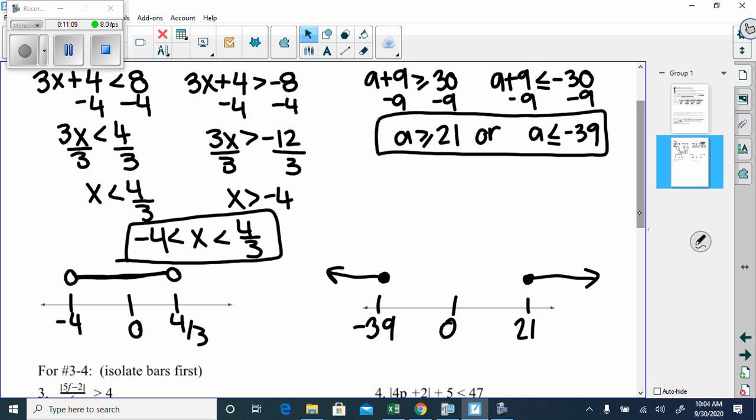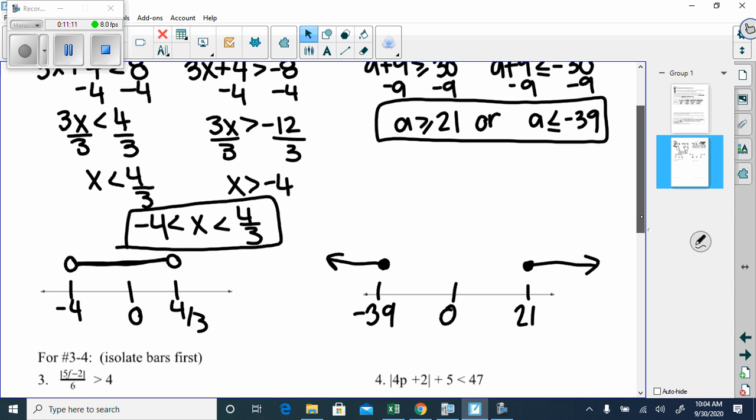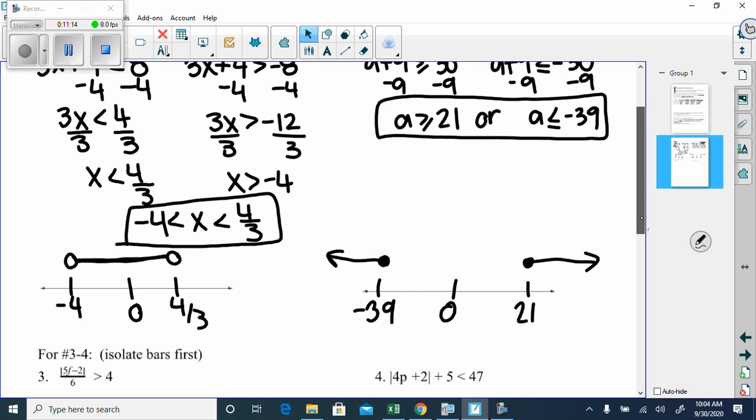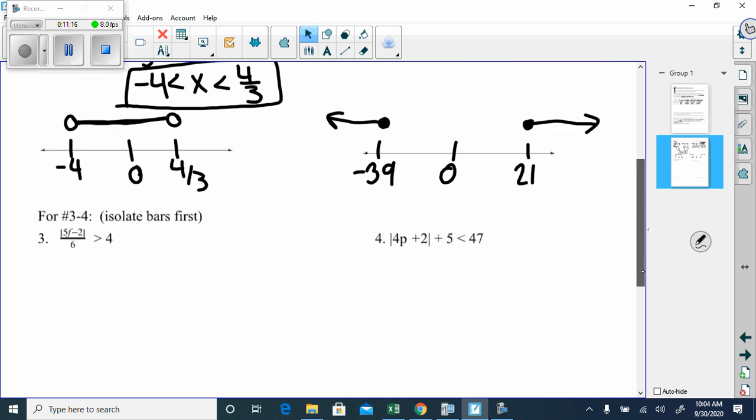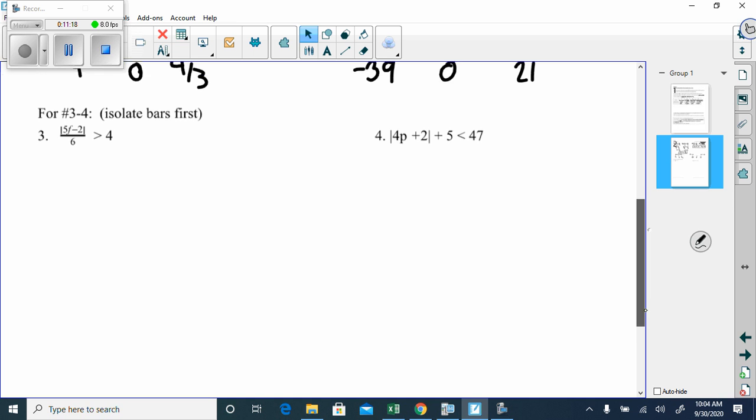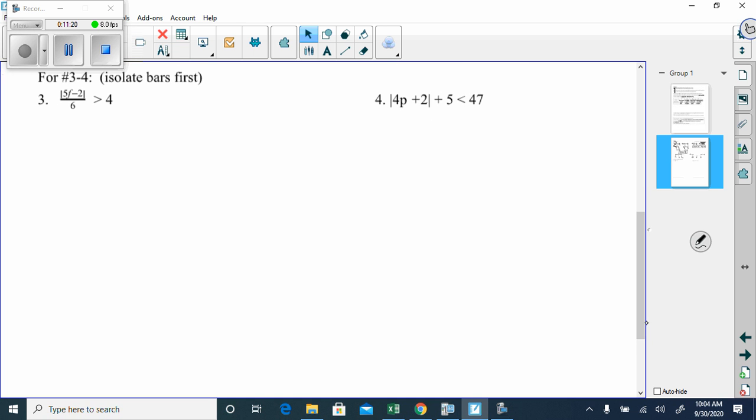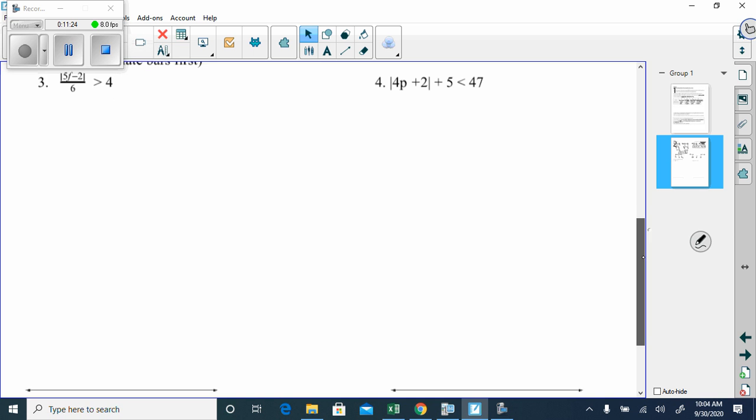Alright. So far so good? Yeah. Alright, so on numbers 3 and 4, it's the same process, but remember we do have to isolate the absolute value before we can set up our two equations. So on number 3, what do I need to get rid of? That's 6.